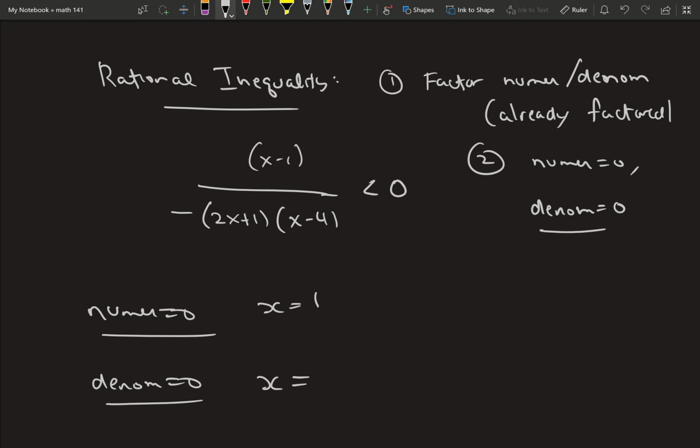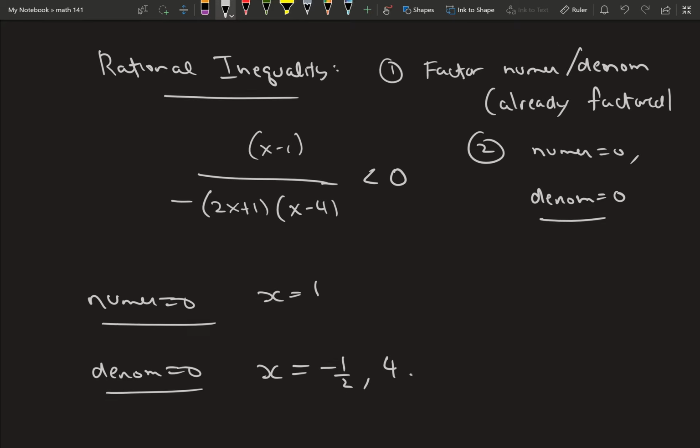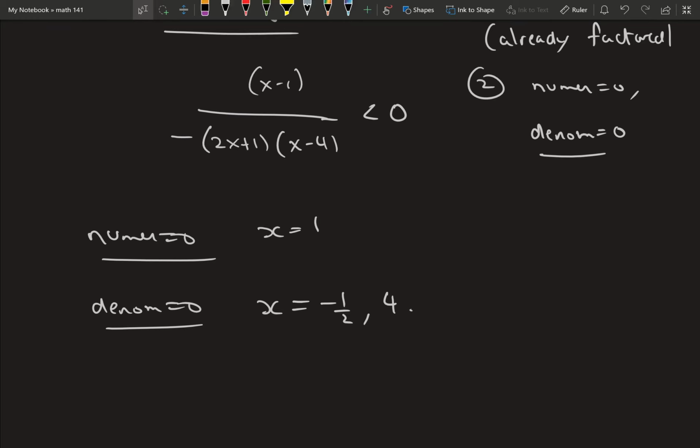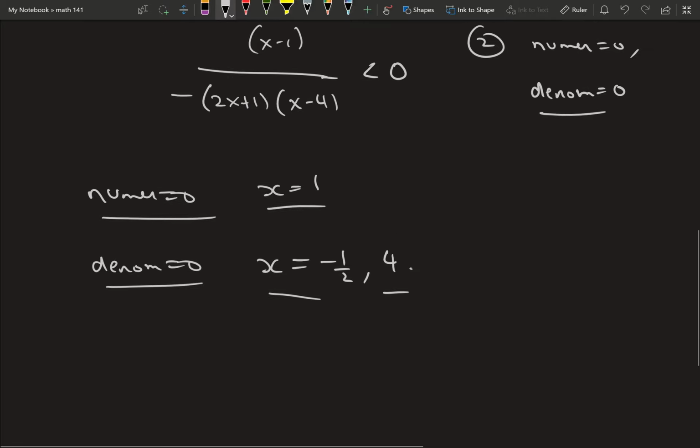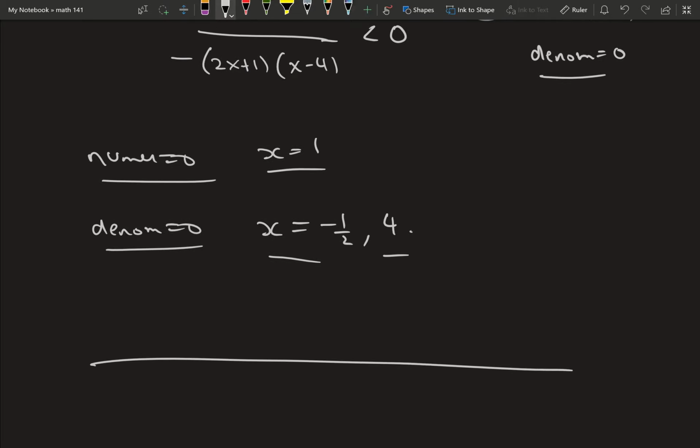That occurs at -1/2 as well as 4, if you solve for the denominator being 0. And those are your dividing points. You do the same procedure now. You draw a real line, and you break up into subintervals by these points. So here's -1/2, here's 1, here's 4.